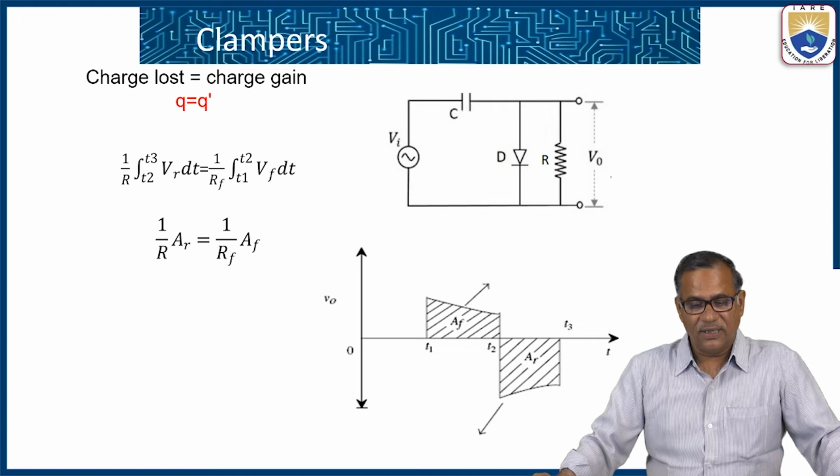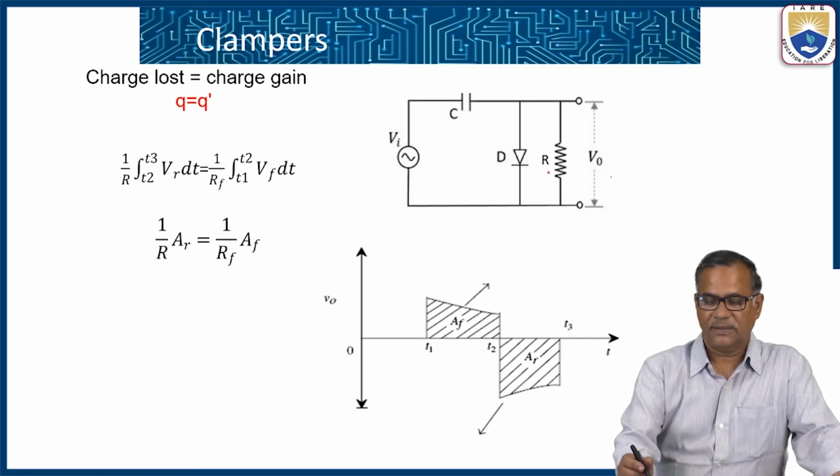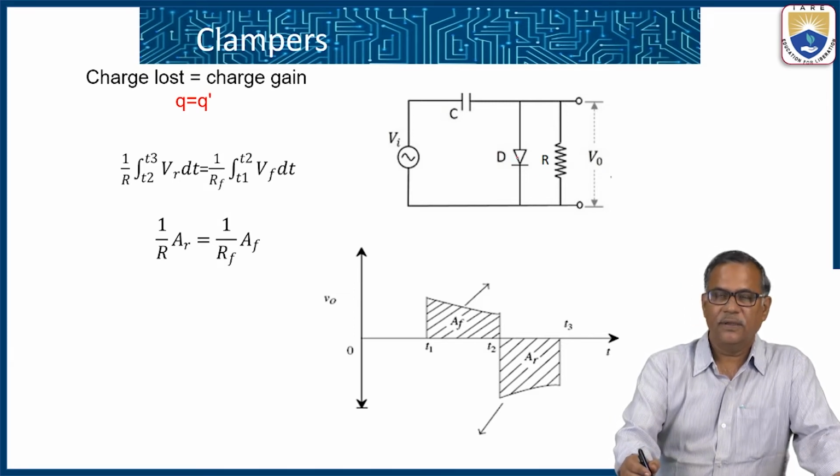Now, what is the charge lost by the capacitor when the diode is in reverse bias?